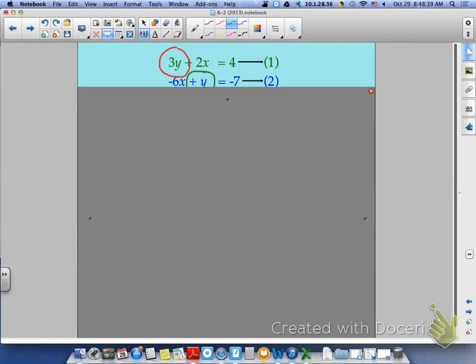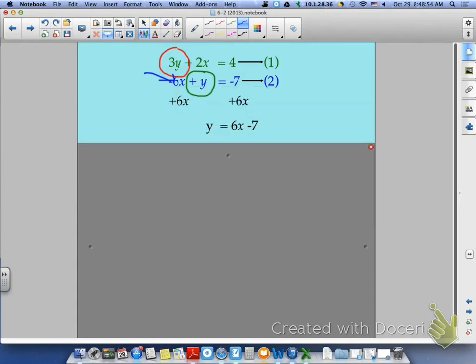So if I move the negative 6 over to the other side by adding 6x to both sides, then I can convert that to slope-intercept form.